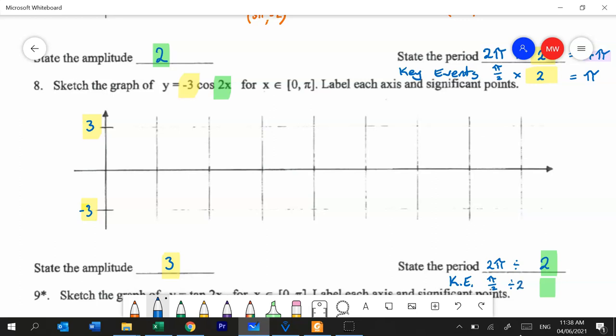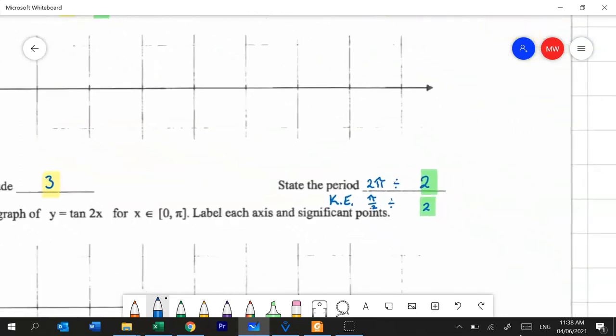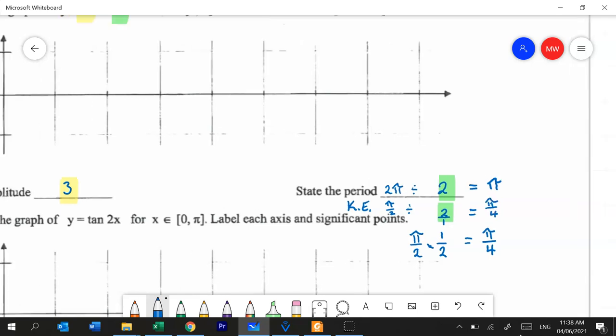Okay, now I'll tidy this up a little bit for you so that you can see how I do this next bit. So this bit's easy. 2 pi divided by 2 is pi, but if you're asked to do pi over 2 divided by 2, remember, make this one a fraction and change the question to 2 on pi multiplied by 1 over 2, and what you'll end up with is pi over 4. And so your key events will occur at pi on 4.